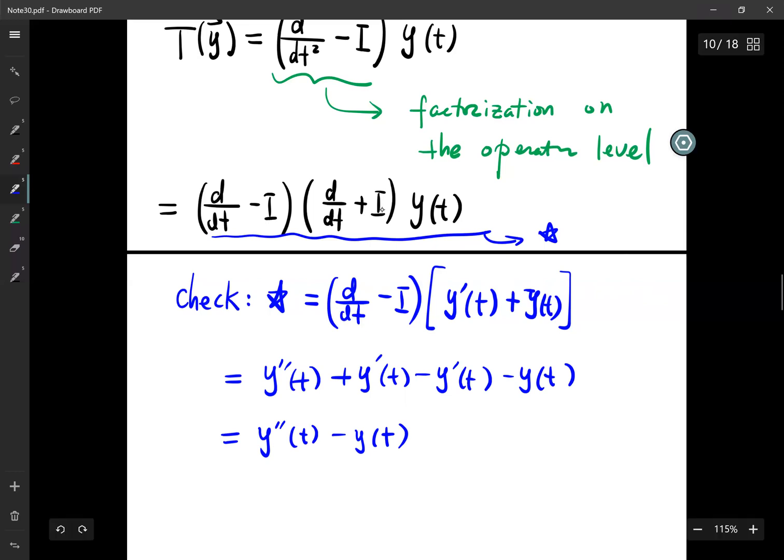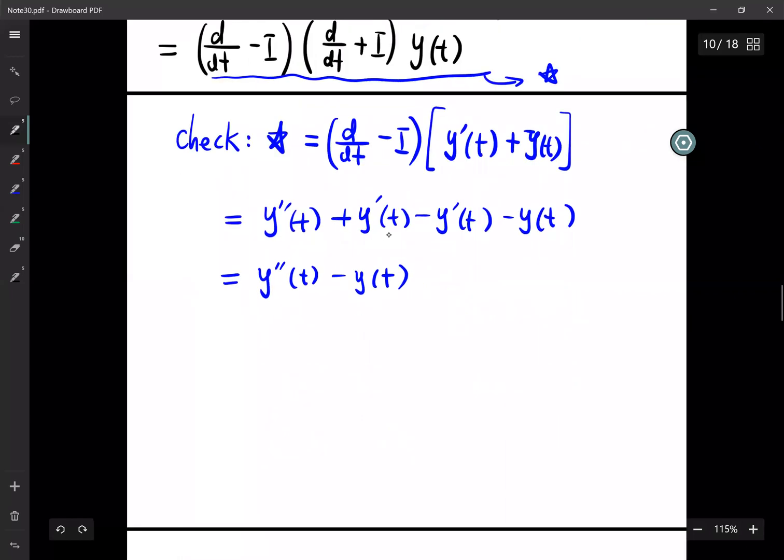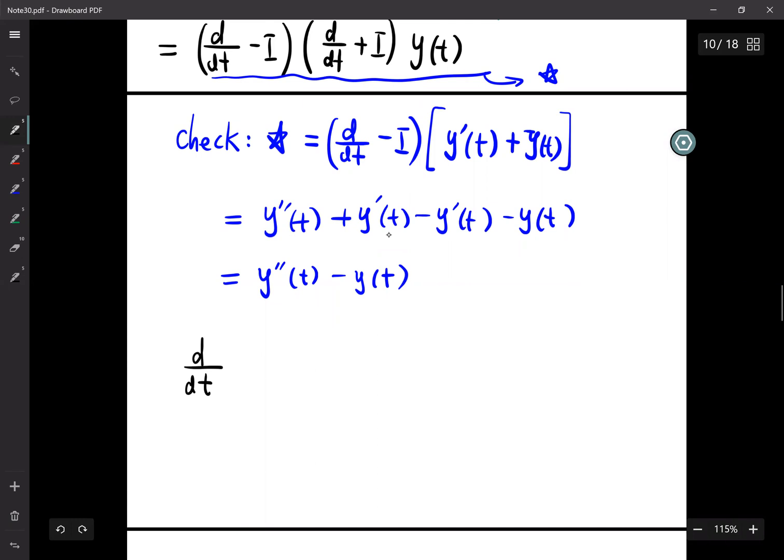So indeed, this one is equal to that. Clear? Now, let me say why this shouldn't count as a mystery. The important thing is that d/dt is an operator, identity is an operator, they commute.